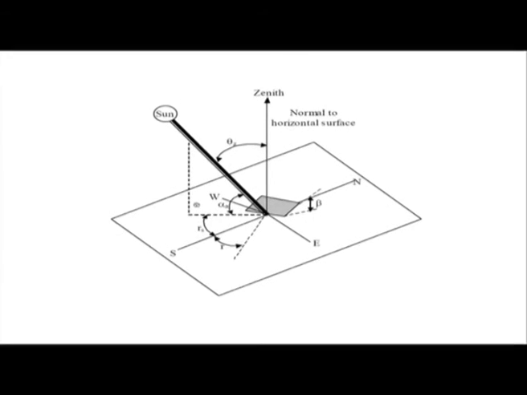So, this is an old picture that we have recalled to show you the sun's azimuthal angle, the projection of the sun's ray on the horizontal plane. The deviation from the north-south line is gamma s, the sun's azimuthal angle.